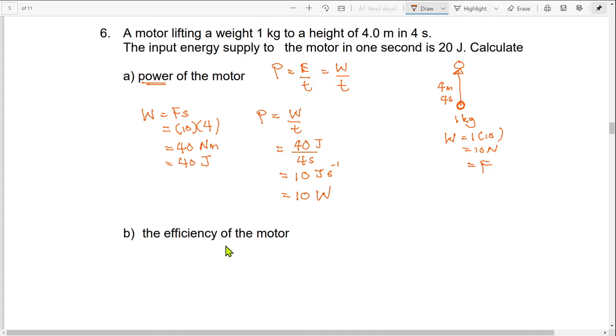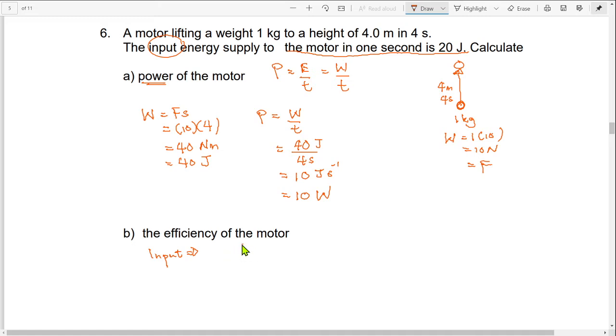Okay, now next one, calculate the efficiency of the motor. So if I look here, the input energy supply to the motor in 1 second is 20 joule. Okay, so 1 second, 20 joule. That is our input.